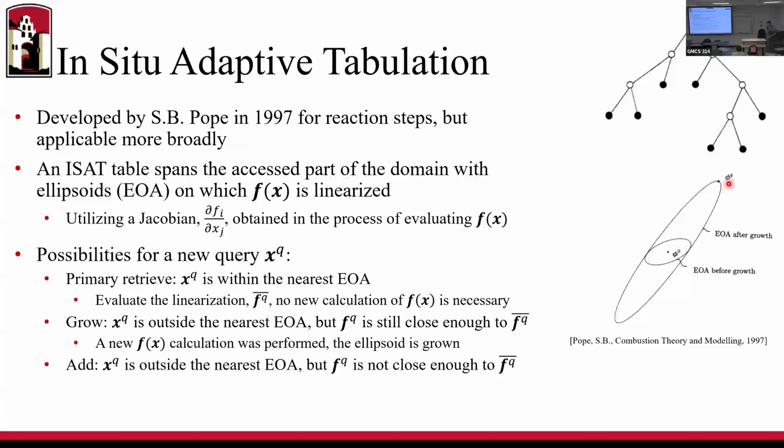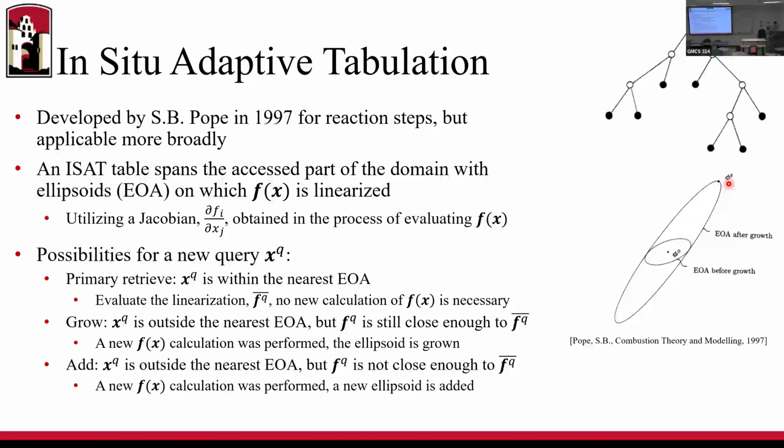Finally, we can perform an add, in which case the new point is quite far away from this ellipsoid, and the value of the function is nowhere near the linearization value. So having solved the function already and calculated the Jacobian, we're just adding a new ellipsoid at the new point.